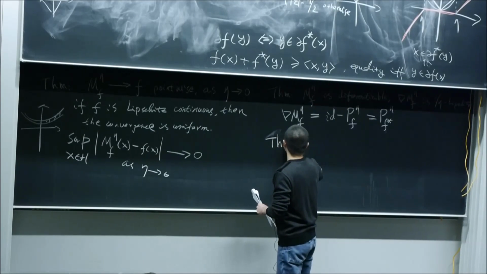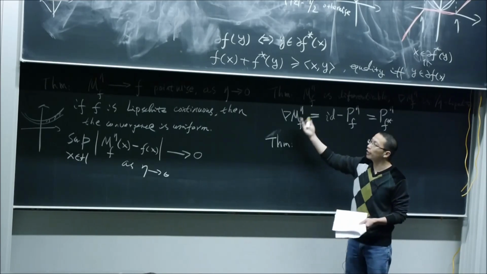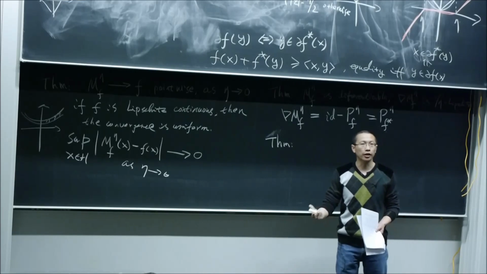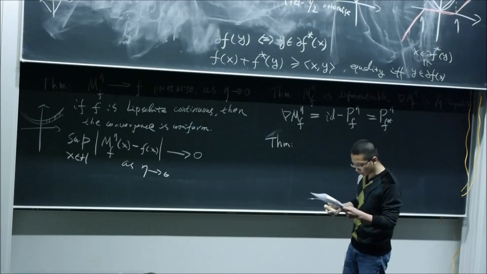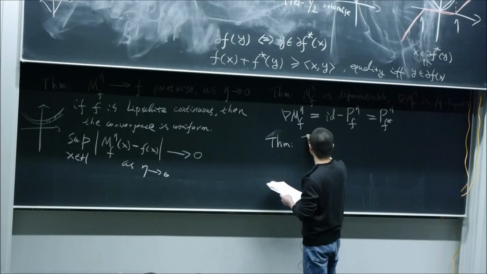So now what is the application of this in optimization? When you want to optimize a function, why do I care about the envelope function? Why do I care about the proximity operator? Well, that's why we need this result.